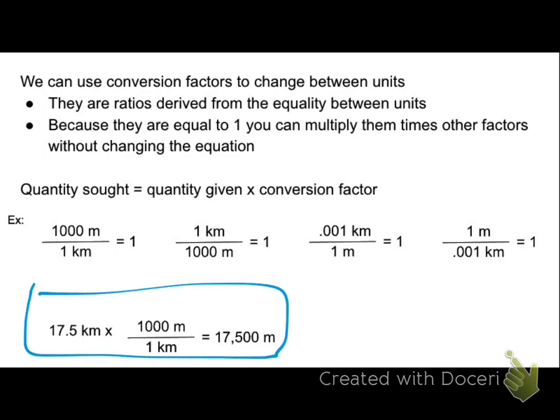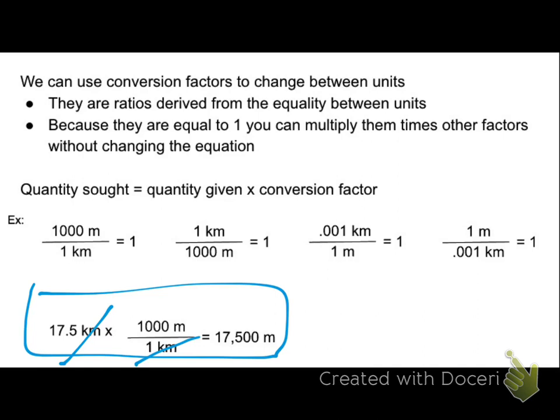Okay, notice we start in kilometers, and if we want kilometers to cancel, then we need a conversion factor where kilometers is on the bottom, and we are dividing by it so that this cancels with this. And then because 1 kilometer is equal to 1,000 meters, this is essentially like multiplying times 1.